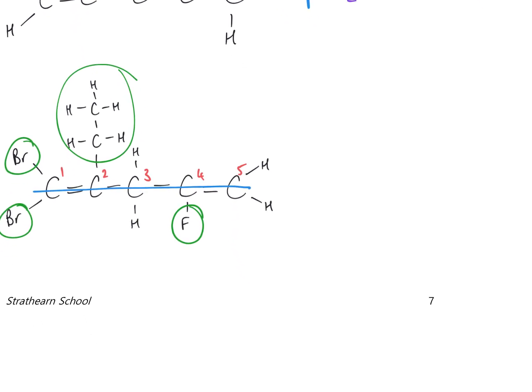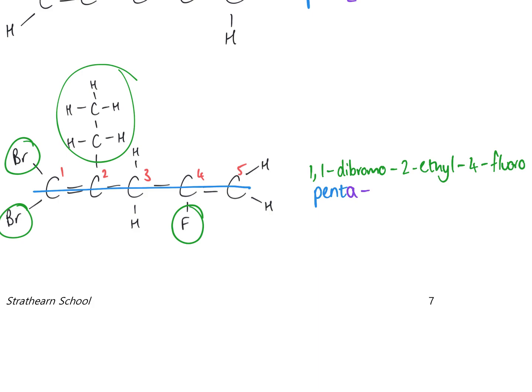So our substituents come first, and bromo is first alphabetically. So it's going to be 1,1-dibromo. Ethyl comes next alphabetically, so it's 2-ethyl. And then fluoro, 4-fluoro. I'll just go on to the next line, but this should all just be one word. Okay, with 5 carbons in the chain, but there are 2 double bonds, so we need to call it penta.